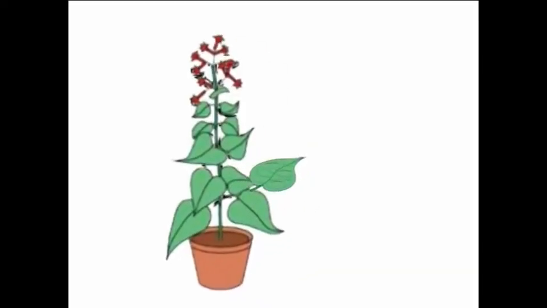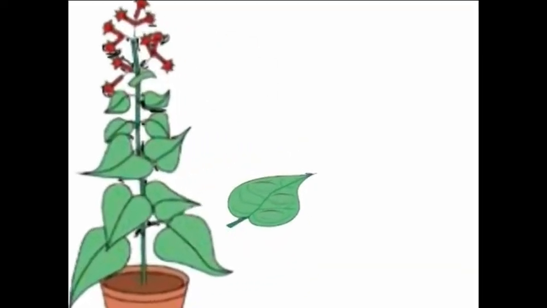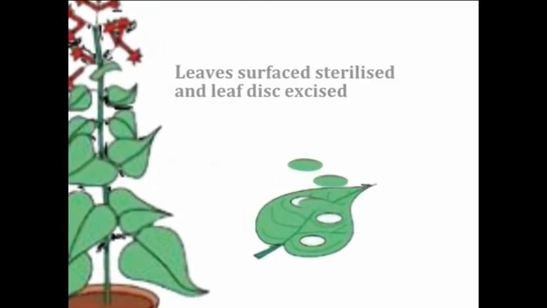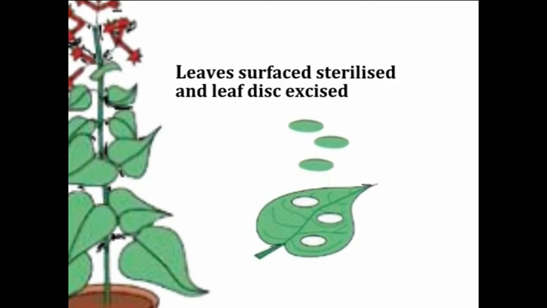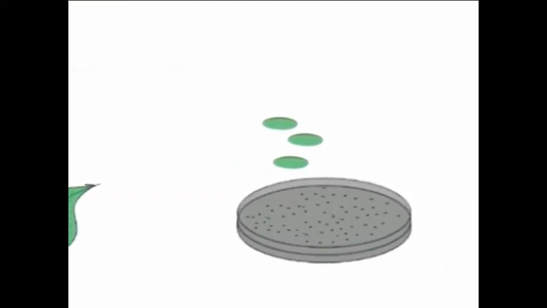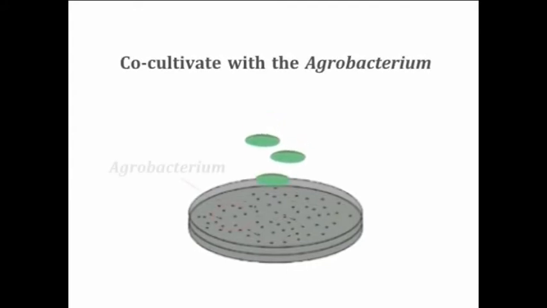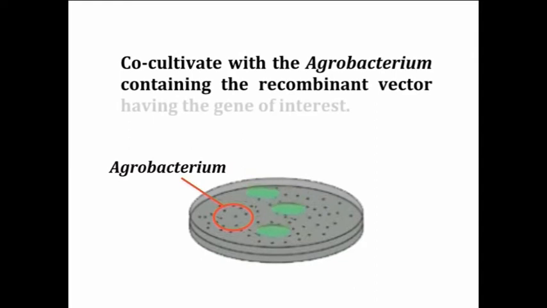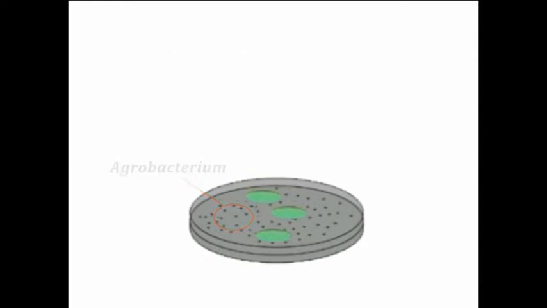The leaf explants are first surface sterilized properly and leaf discs of few millimeters diameter are excised. The leaf discs are used to co-cultivate with the Agrobacterium containing the recombinant vector having the gene of interest.